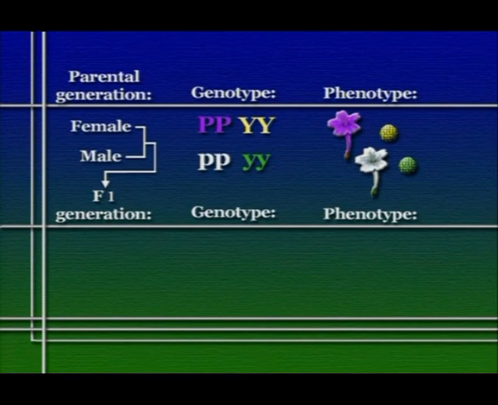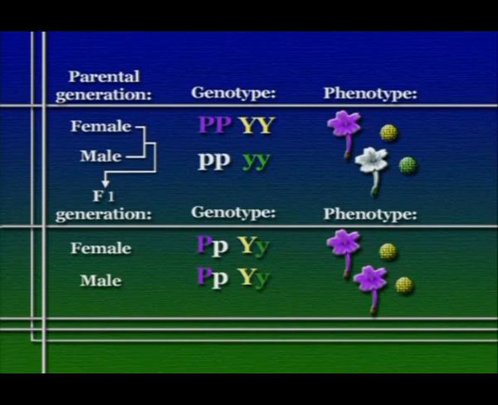Now, given that both of these characters are dichotomous traits, and given that I've already told you that they have dominance with, in this case, the purple flower color and the yellow seed color being the dominant traits, we might be able to guess what would happen in the F1 generation. You would expect that all of the F1 generation, that's the offspring of those parents, are going to have purple flowers and yellow seeds. In other words, all of those F1 individuals will express the dominant phenotype for both characters. This is because we know from what we talked about last time that they all have to be heterozygous for both characters.